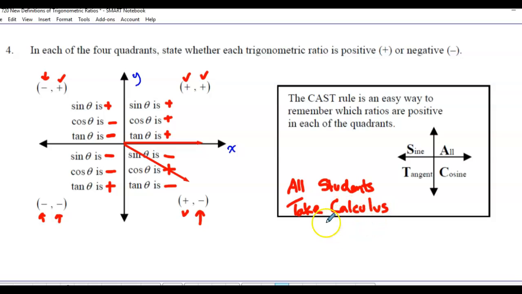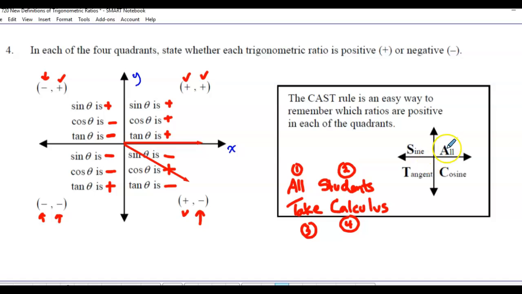But I'm a math teacher, so I want all students to take calculus. So the reason why I like this a little bit better is because it's starting with all, and that's what it means in the first quadrant, and then it's rotating through all the quadrants. So this is quadrant 1, quadrant 2, quadrant 3, quadrant 4. So that's just my personal choice.